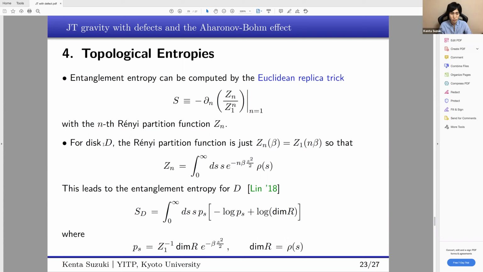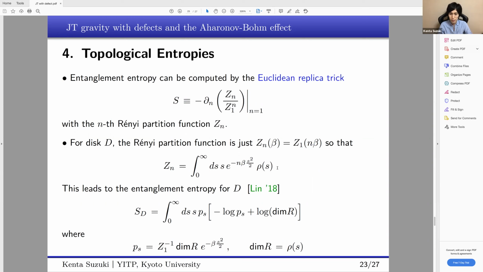And for disk geometry, the replicated partition function Zn is just a shift of the inverse temperature by n times beta. So this means that if we use the spectral decomposition expression, we just need to change the Boltzmann factor to e to the minus n times the original factor, beta times s squared over 2.